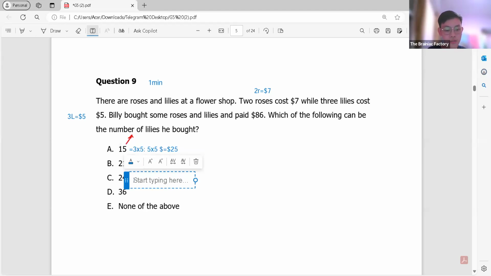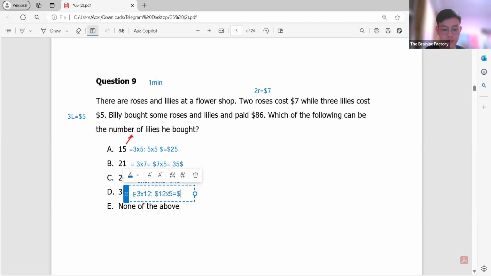And here 24 is equal to 3 times 8, so the price is going to be 5 times 8, which is $40. And our last one, answer D: 36 is equal to 3 times 12, so the price is going to be 12 times $5, which is equal to $60.